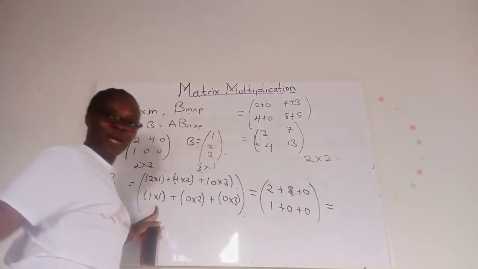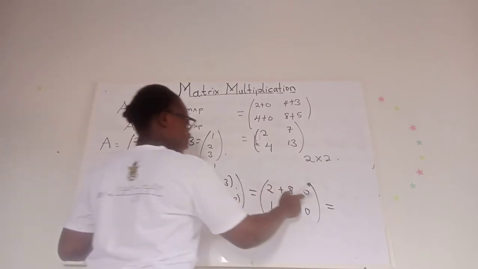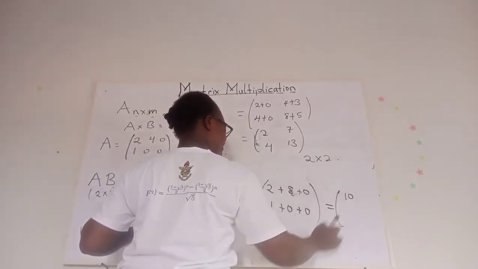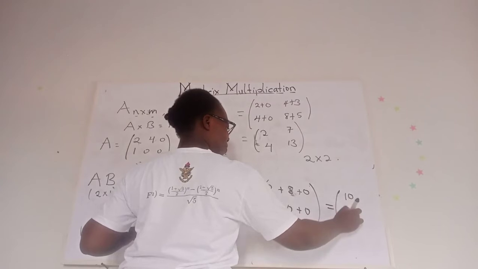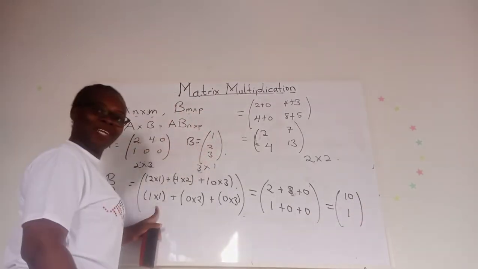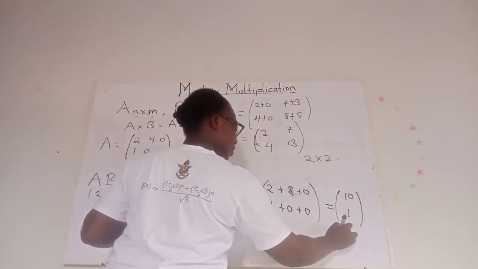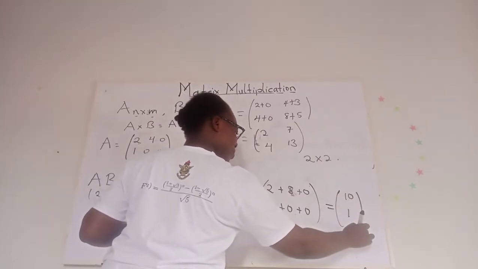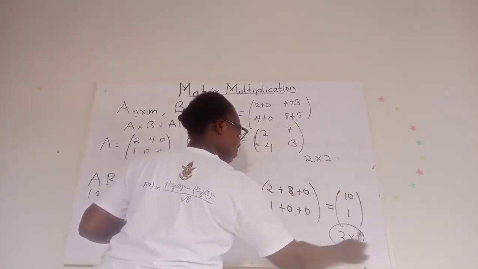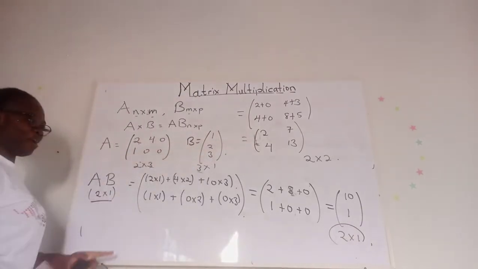So what do I get? The first is 10, and the second is 1. Now, what is the order of this matrix? The number of rows times the number of columns, which is 2 by 1. So that is what we have here.